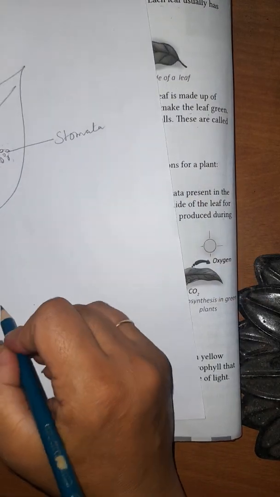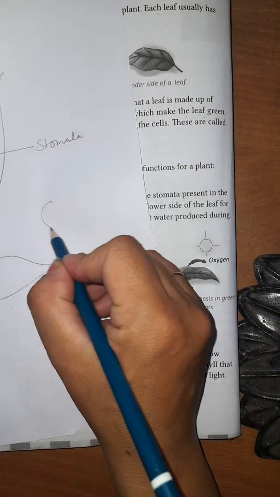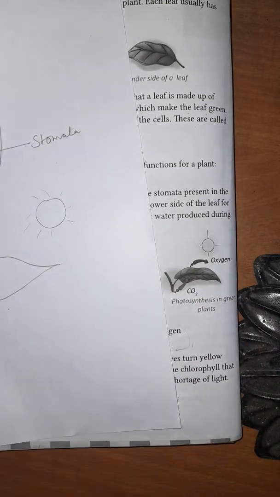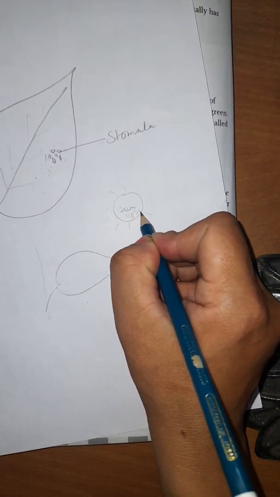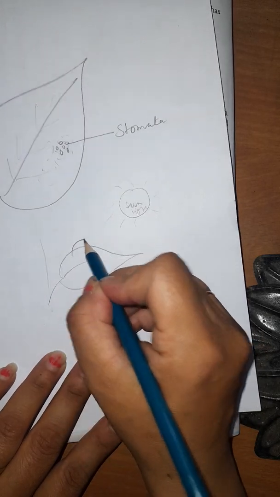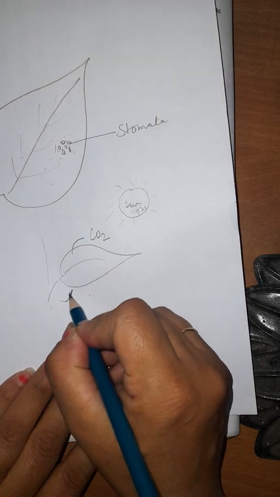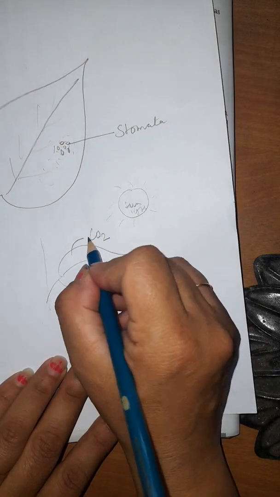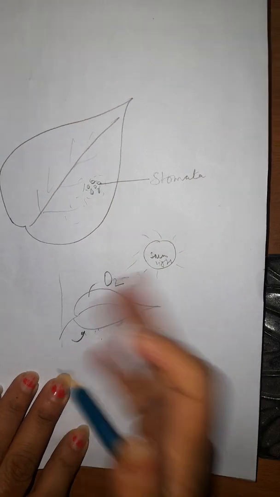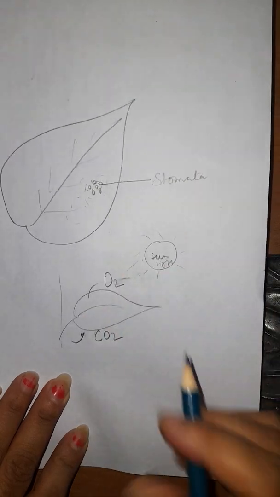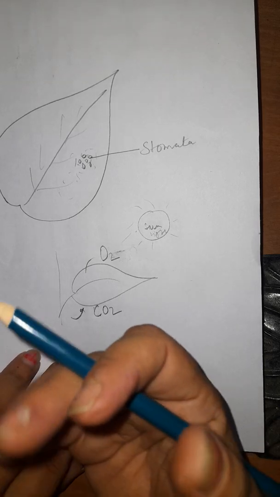So whenever a leaf prepares its food for the plants, it needs sunlight, light energy, and it takes CO2, carbon dioxide, and it releases oxygen, O2, which we take.